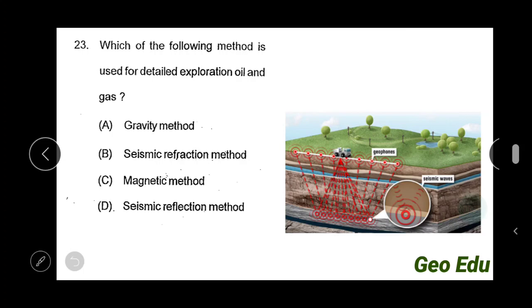Generally, the first stage of any exploration will be gravity and magnetic. After that, both the seismic methods will be used, but more frequently the seismic reflection method. So the answer will be option D.